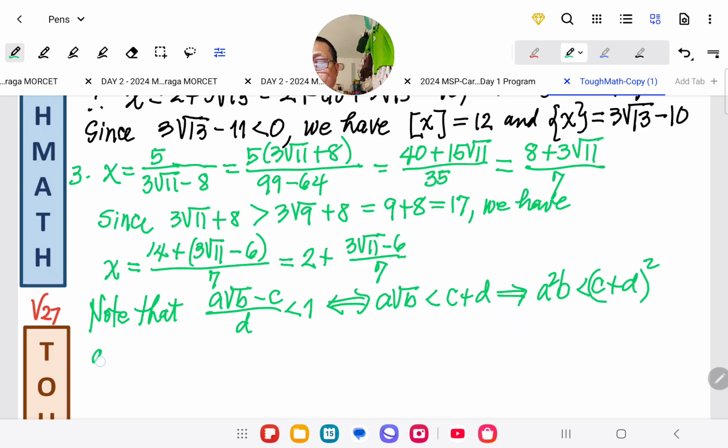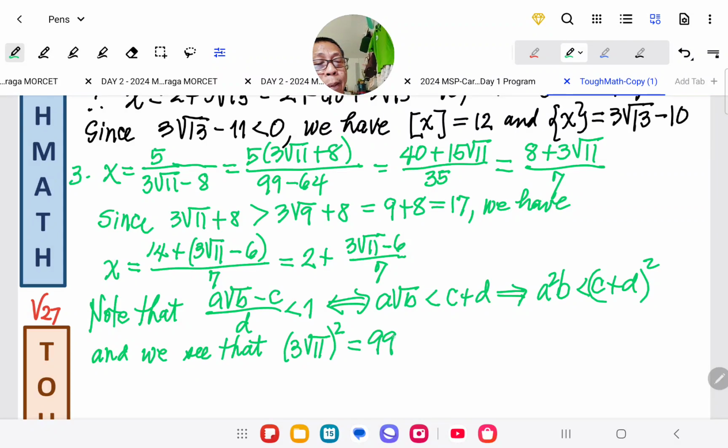And we see that three square root of 11 squared is equal to 99, which is less than 6 plus 7 squared, which is 13 squared, which is equal to 169.